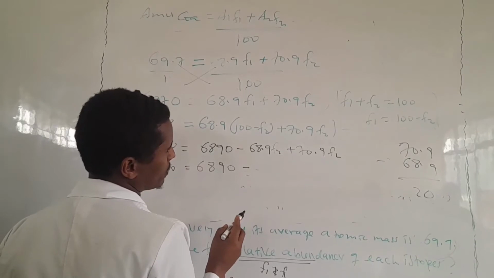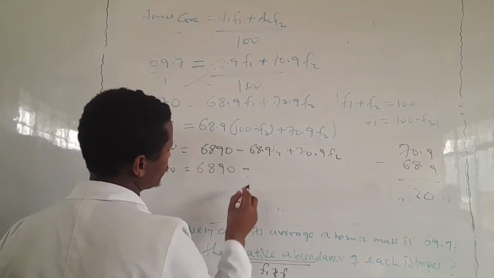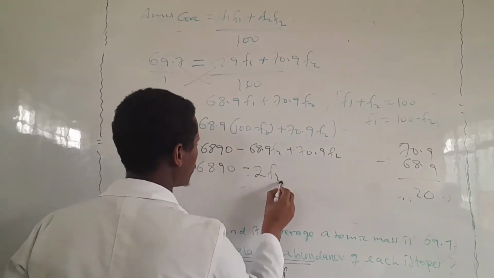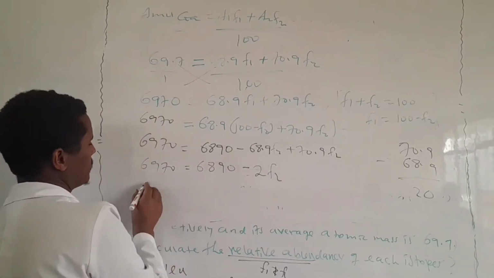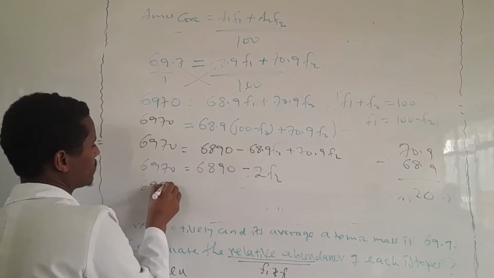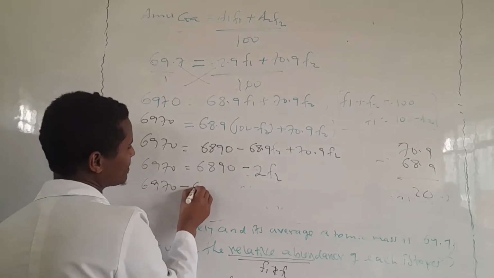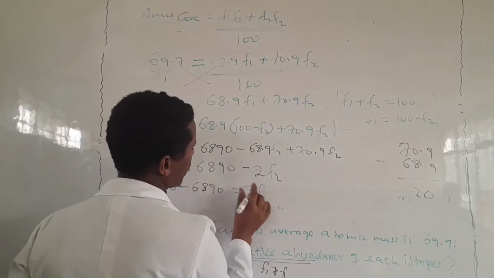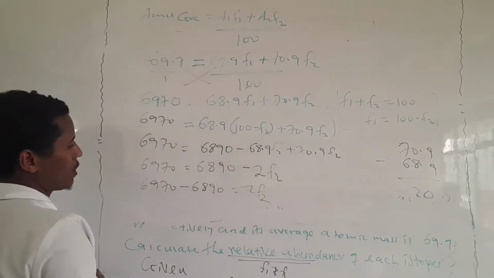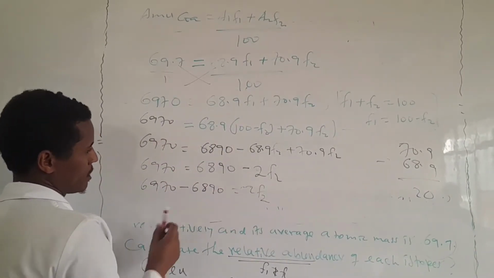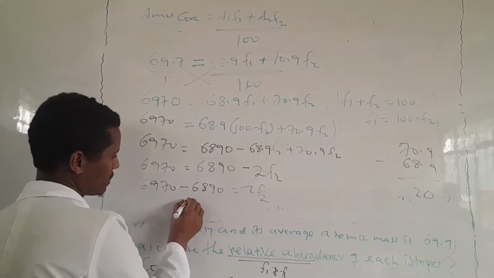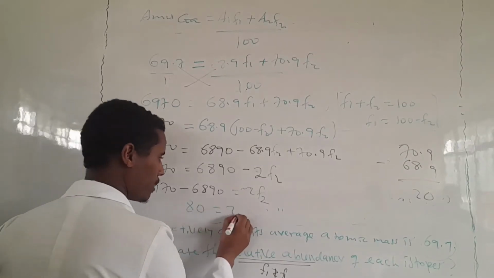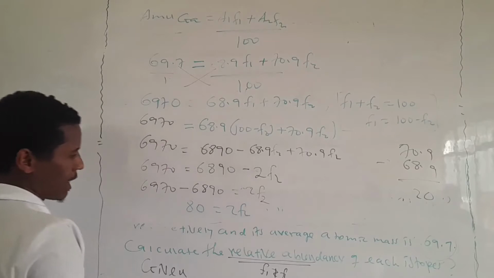What we call 2 F2. What about the remaining? 6,970 minus 6,890 equals 2 F2. What is that? It is equal to 80.